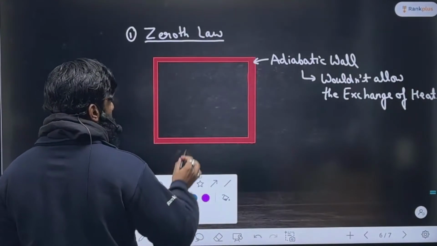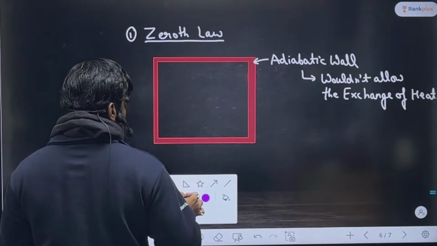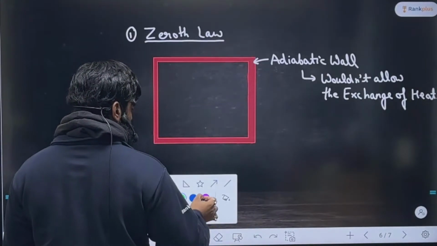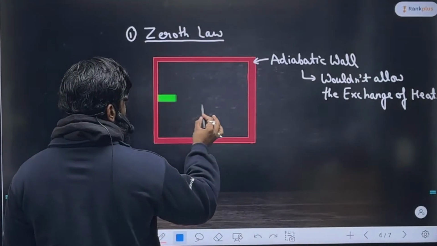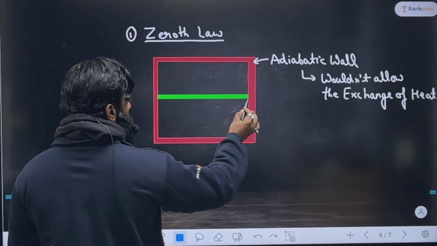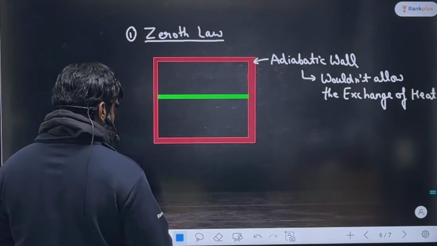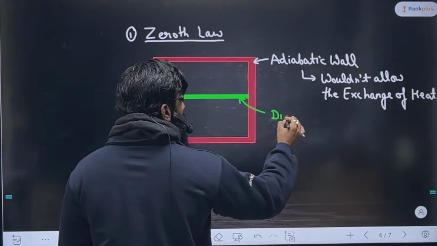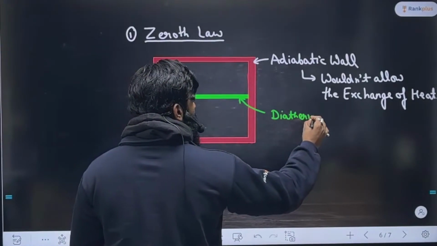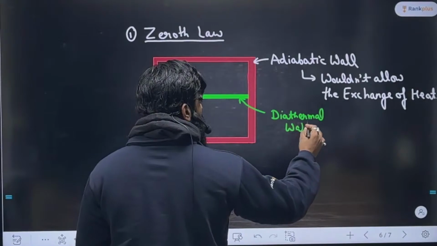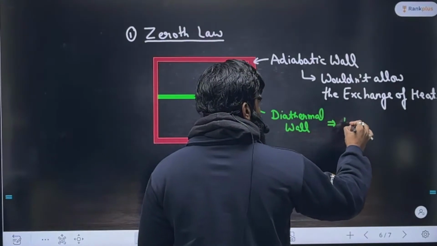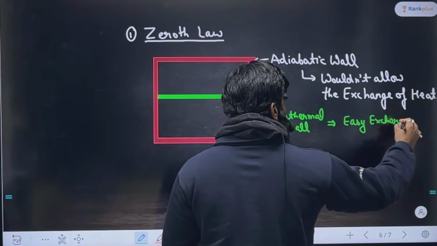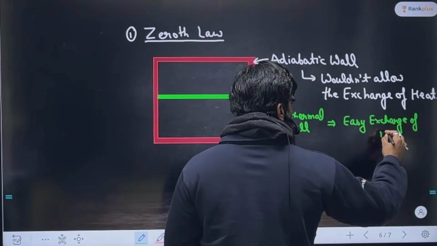Now in this, let me put green, and this green is basically a diathermal wall. This is a diathermal wall. It allows easy exchange of heat, easy exchange of heat energy.